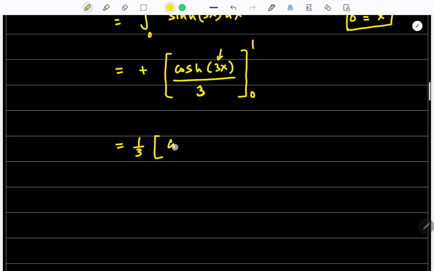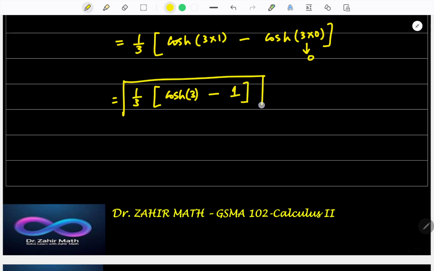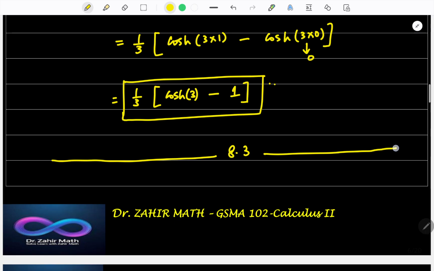Upper limit substitution, cos hyperbolic 3 multiplied by 1, minus cos hyperbolic 3 multiplied by 0. Upper limit minus lower limit, which is equal to 1 by 3 cos hyperbolic 3 minus cos hyperbolic 0, and cos hyperbolic 0 is going to become what? 1. If you want, you can simplify this also by calculator, right? So this finishes your 8.3 exercise.